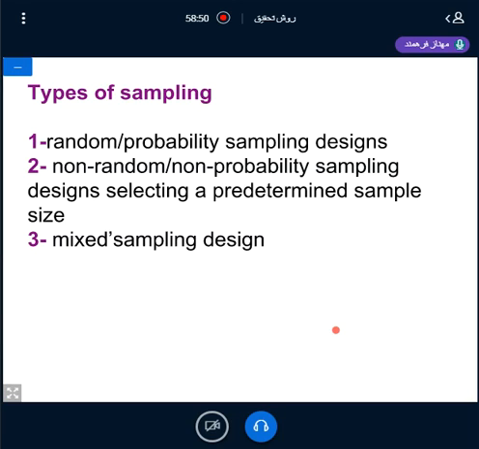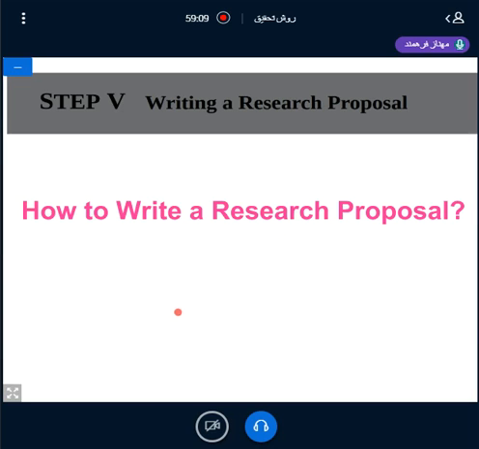So we have here three kinds of sampling, and they are explained in the book very completely, but we are not going to teach it. You can study it for yourself from the book.